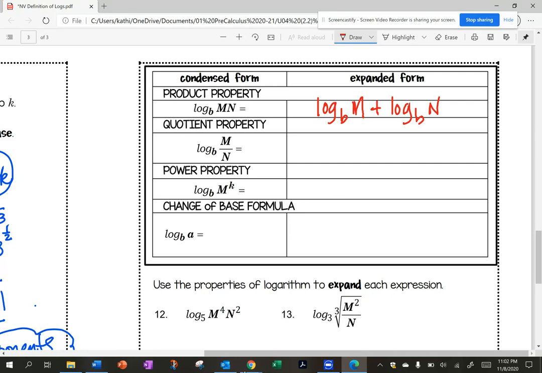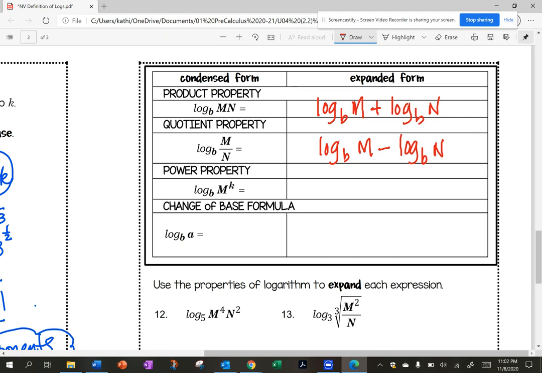So when I'm multiplying here, I'm adding in the expanded form. For the quotient property, when I'm dividing here, then I'm subtracting. So this would become log base b of m minus log base b of n.